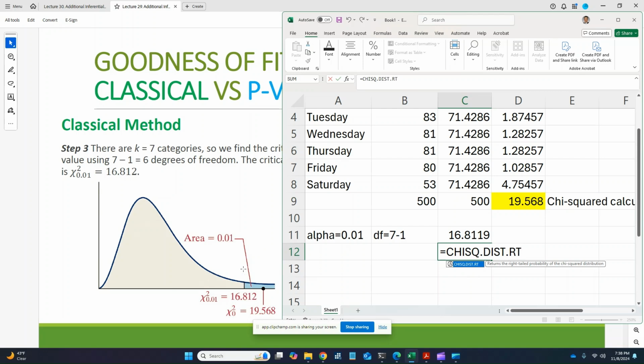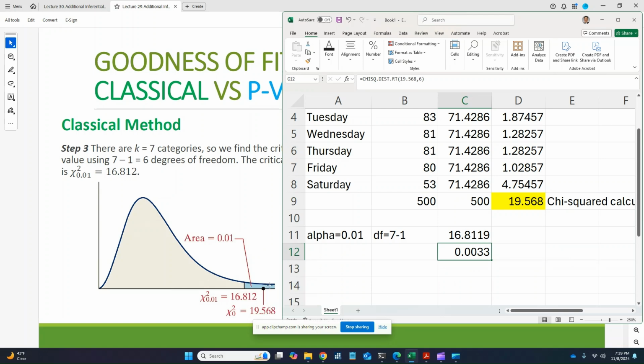Notice I'm using rt because we only need the values from the right tail. We are not doing a z or t-score, we are not doing a two-tailed check. It's just one tail, whether this value is bigger than this threshold, and that's all. For that, we already have the chi-square, 19.568, and we also know the degrees of freedom, that is 6. Press enter, you get 0.003.